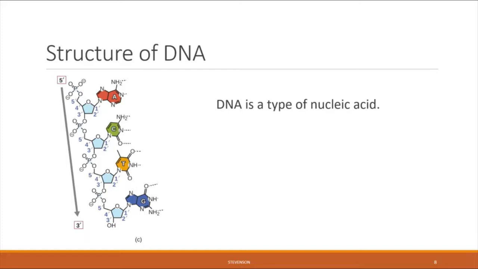That's one of the 4 different classifications of macromolecules, along with carbohydrates, proteins, and lipids. And nucleic acids, like the other macromolecules, are made of smaller building blocks, and those building blocks in this case are called nucleotides. On the screen here you can see a small strand of DNA that is composed of 4 separate nucleotides that are linked together in this nucleic acid.